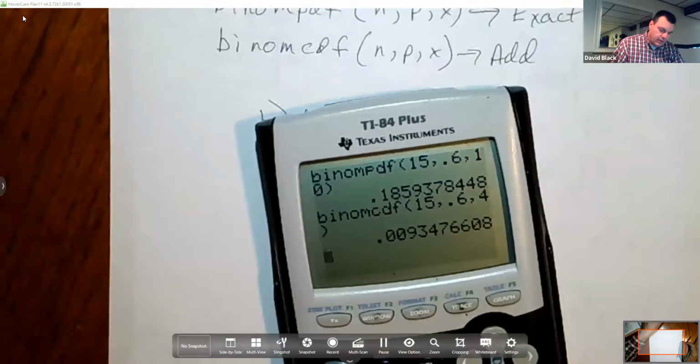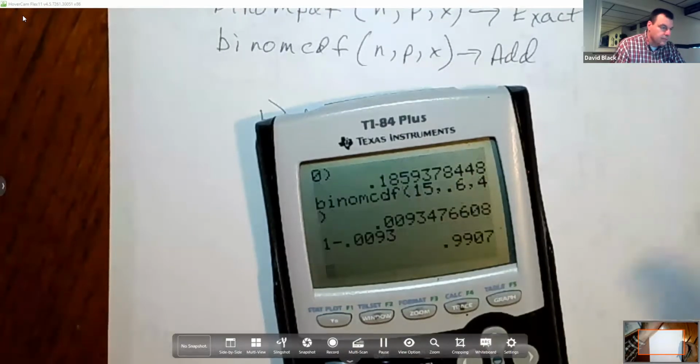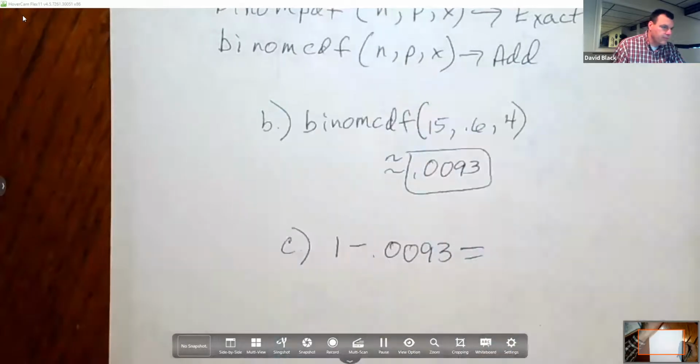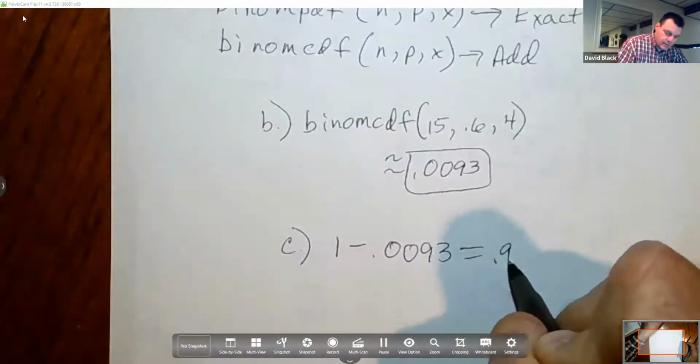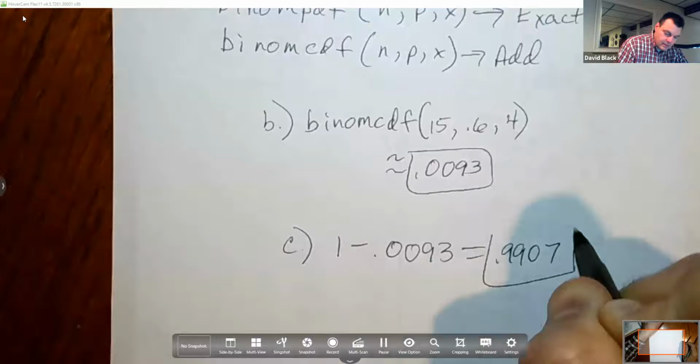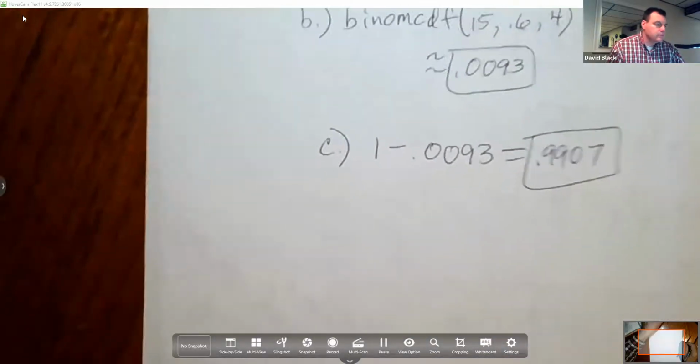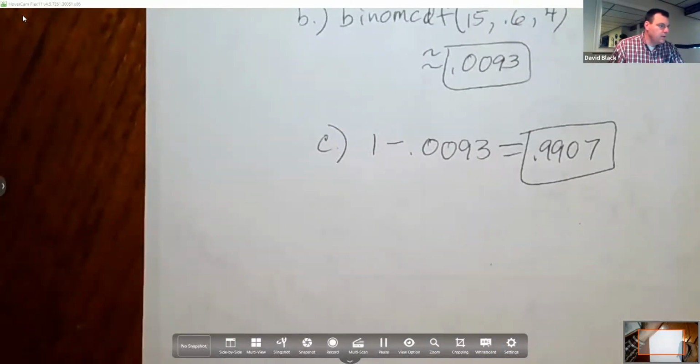So I should be good by going 1 minus 0.0093. 0.9907. Okay, and again, what we just applied there is the complements rule. 5 through 15, 5 or more, is the complement of less than 5.